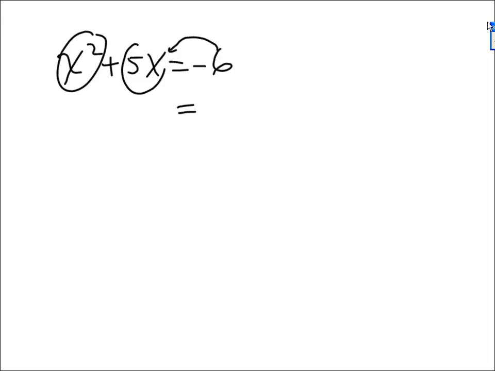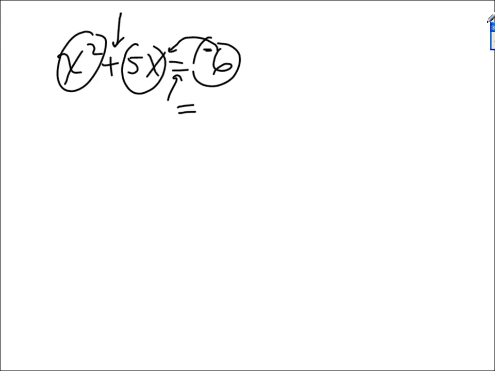If you have this problem, which we've been beating to death, you should set it equal to 0. It's a quadratic equation. Bring the negative 6 over to the other side. These are terms. They're separated by addition and subtraction symbols and equal signs. Although I might write the minus in front of the 6, it's really not a subtraction.